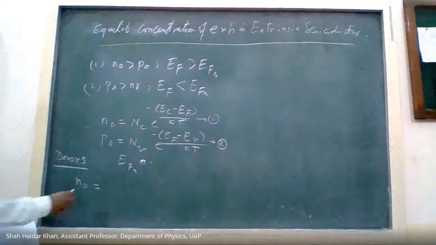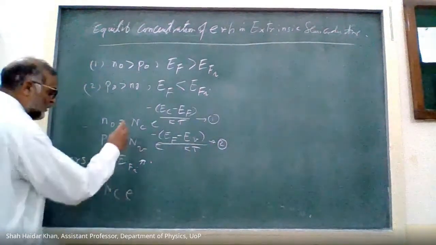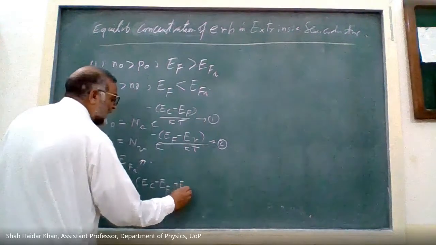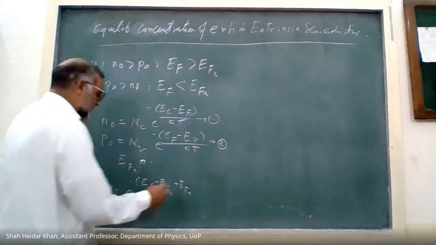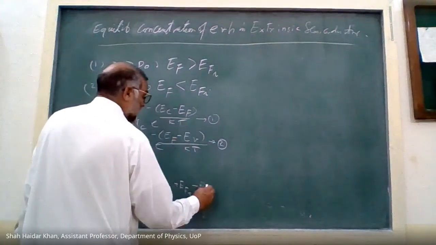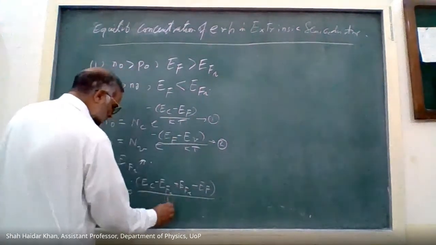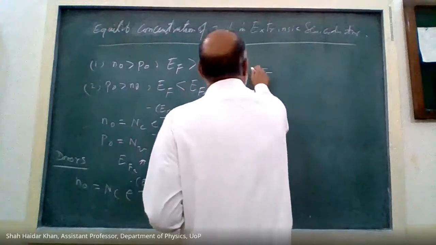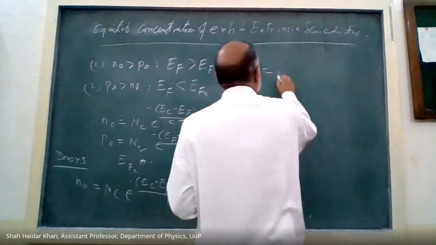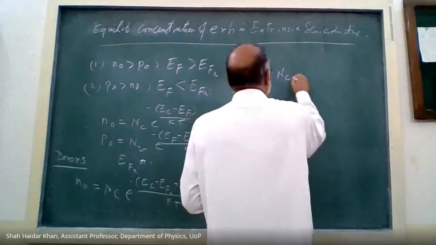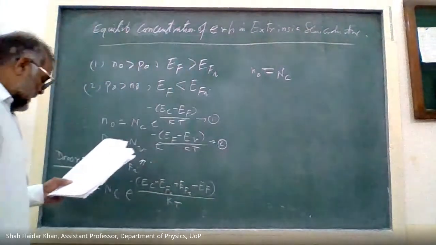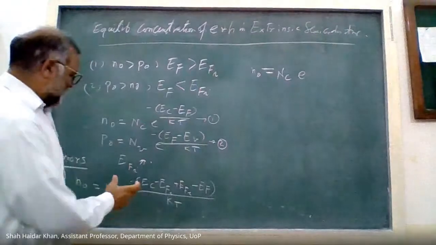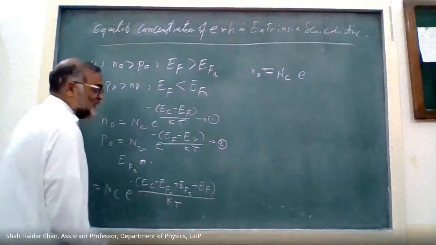So n naught, for example, in case of donors, will be equal to Nc e to the power minus (Ec minus EFi plus EFi minus Ef) over kT. When you subtract and add it, it does not make any difference. Now I can separate the two.